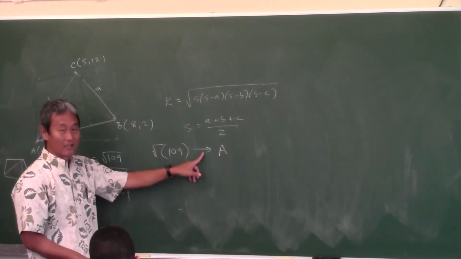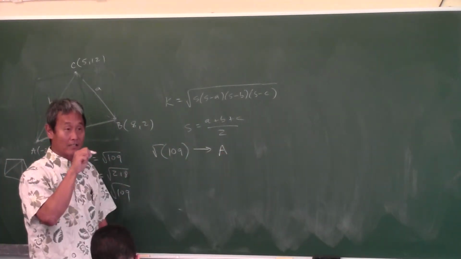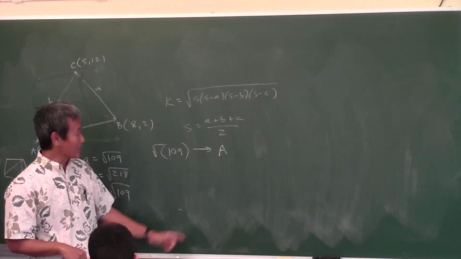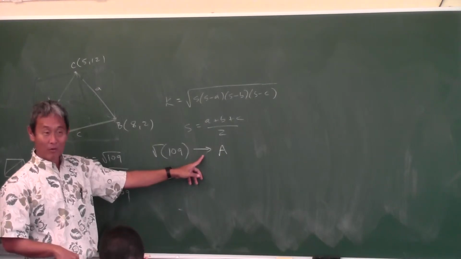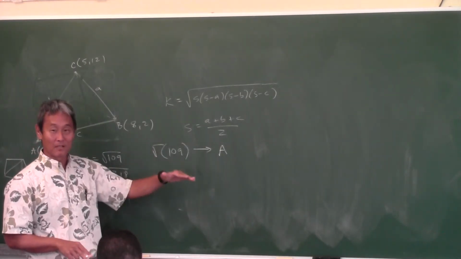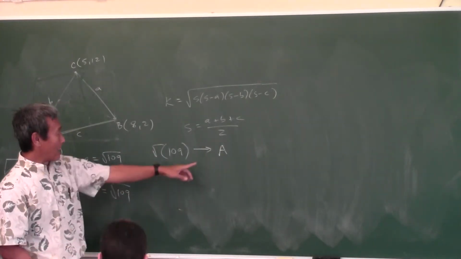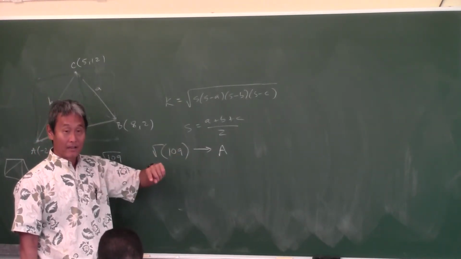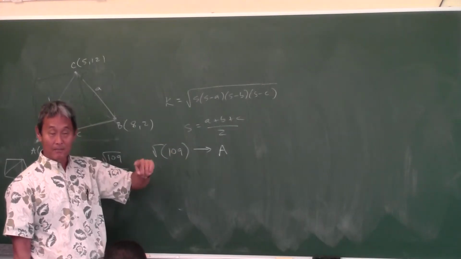Now, how do you get this thing? If you're on a TI, look for STO. STO stands for store. If you're on a Casio, look for this button, an arrow pointing to the right. That means you're going to store something into a memory location. And then how do you get A? Alpha A. Alpha means the next thing is going to be the alphabet, right?